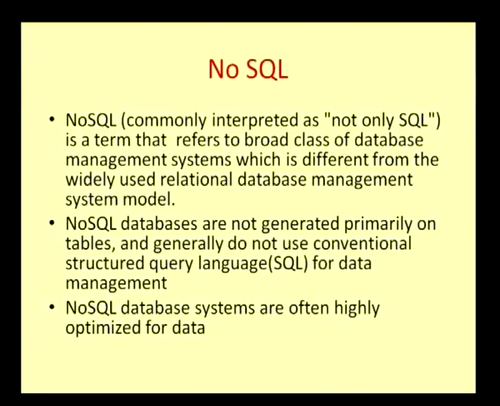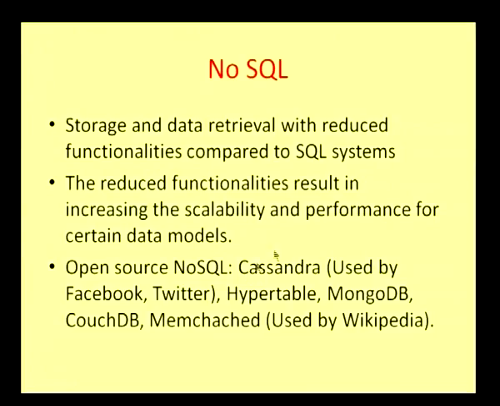It is very difficult. That is why NoSQL is being used for managing enormous data. You have different examples of NoSQL. The open source NoSQL systems are Cassandra, which is used in Facebook and Twitter, Hypertable, MongoDB, CouchDB, and Memcached. This Memcached is used in Wikipedia. So, these are all the NoSQL systems available.